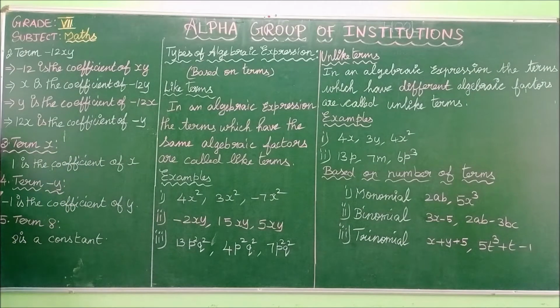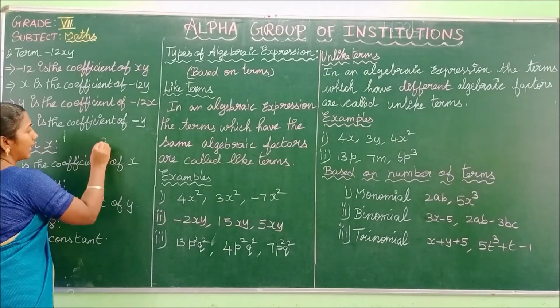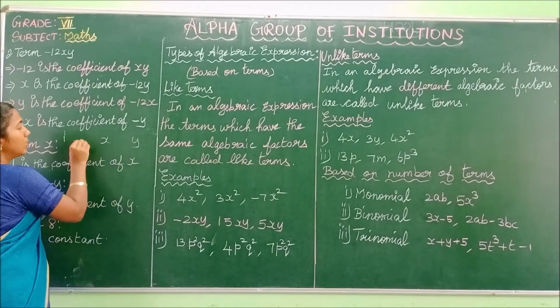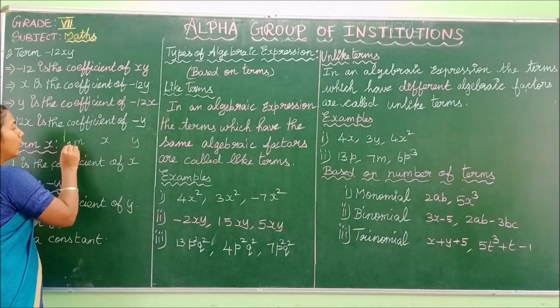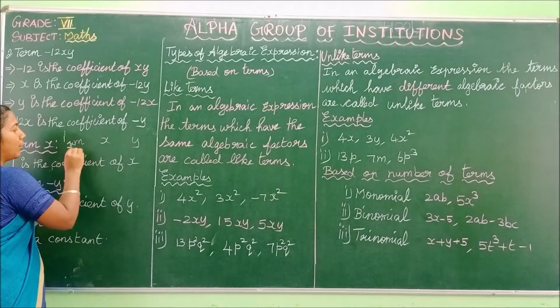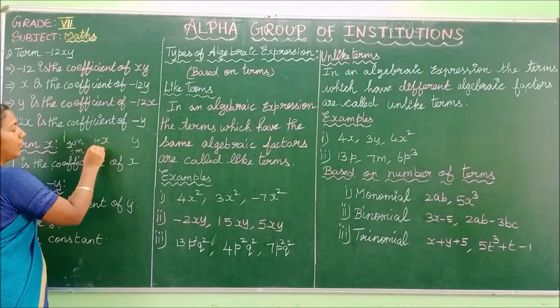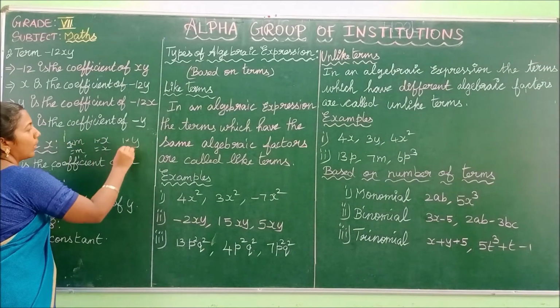Next we are going to discuss the coefficient of the third term. What is the third term? x. If you write any variable like x, y, m, you have to understand that there is a 1 as its coefficient. 1 into m is m, 1 into x is x, 1 into y is y.